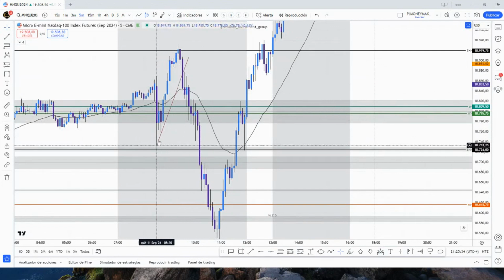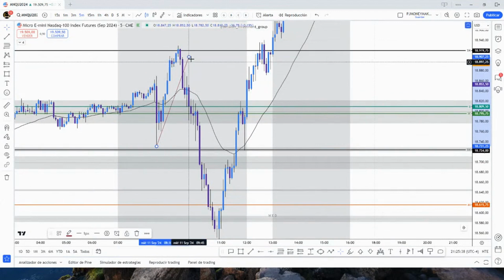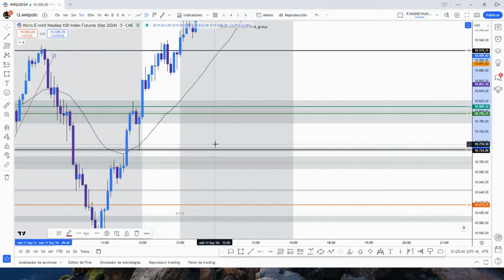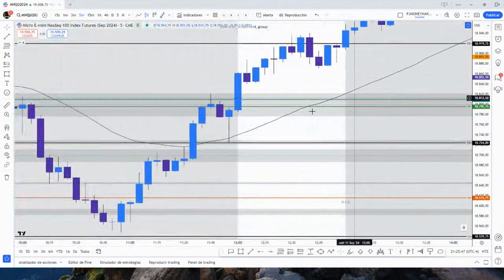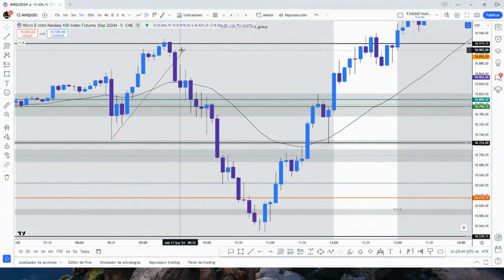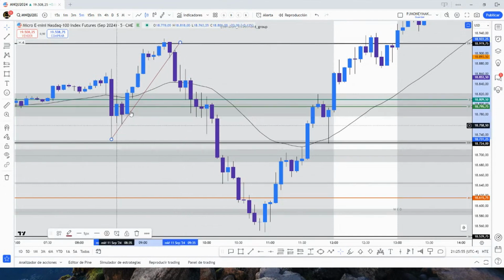So when I saw 930 breaking what? 930 broke the bearish trend line, the bullish trend line. You see, and then right here I got a support.